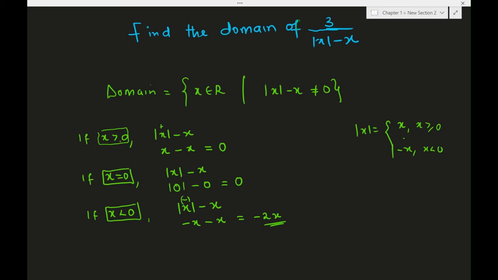But if you take any x greater than 0, the denominator is going to be 0. If you take x equal to 0, as you can see, we're also going to have 0. We're going to have 0 for x greater than 0. But for x less than 0, we're going to have minus 2x. We don't want this one, but this is okay.